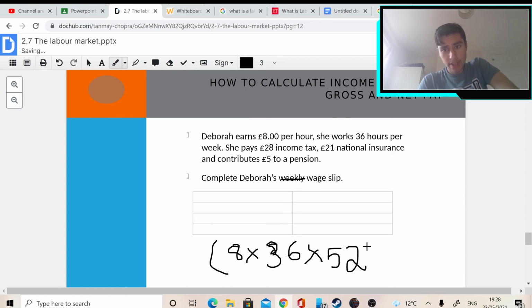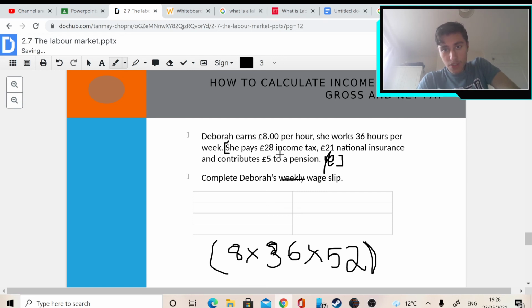Now if you want to calculate her net earnings, ignore this weekly wage slip. You just subtract. She pays 28 pounds income tax and 21 national insurance. Imagine this is yearly, only this section is yearly.